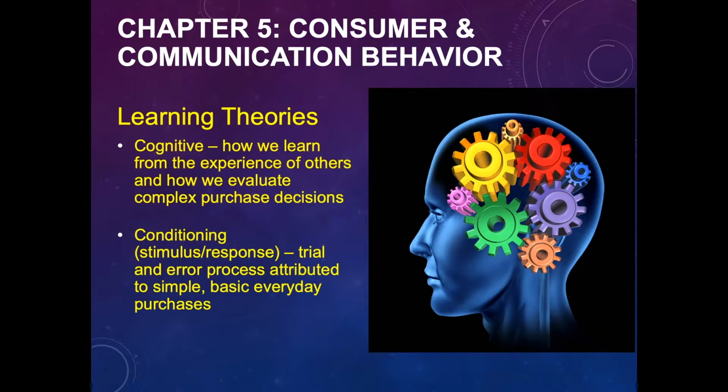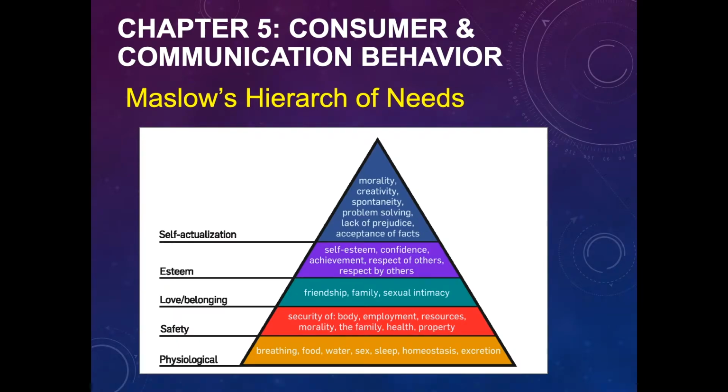So learning produces attitudes and interests that lead to habits and brand loyalty. Learning also defines needs and wants through a consumer's motivation process. And make sure you review Maslow's hierarchy of needs to better understand how people meet their needs according to their priorities.